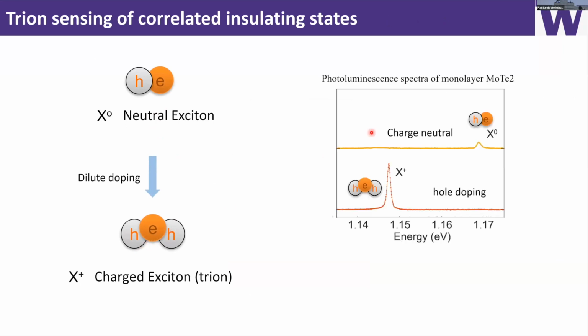Here's an example of a photoluminescence spectrum of a monolayer MoTe2. On top you see a neutral exciton, and on the bottom you see a charged exciton. You can clearly see the intensities are different, and there's also about a 20 meV shift in energy.